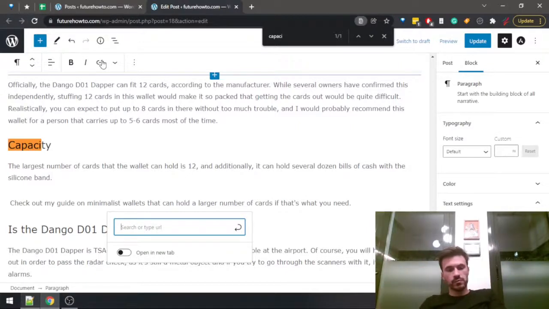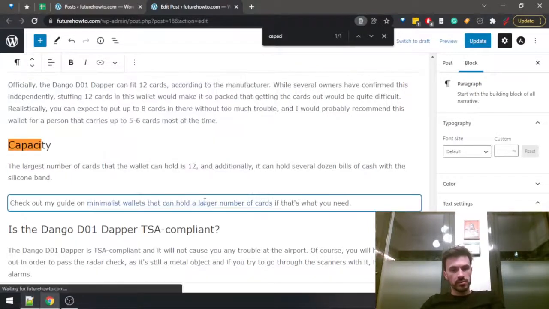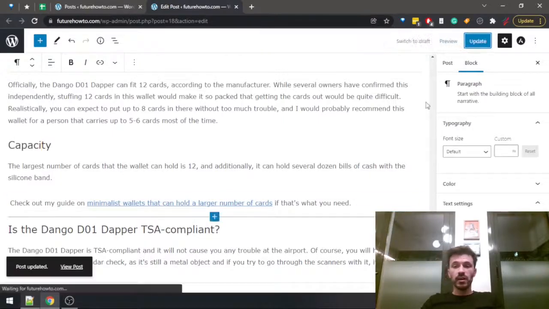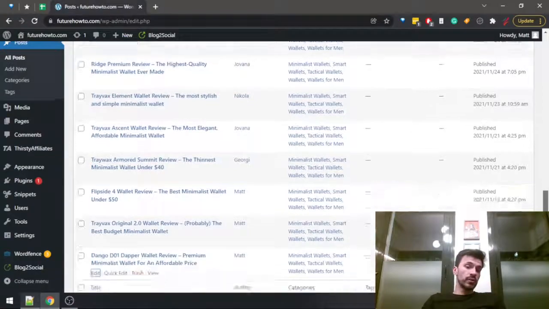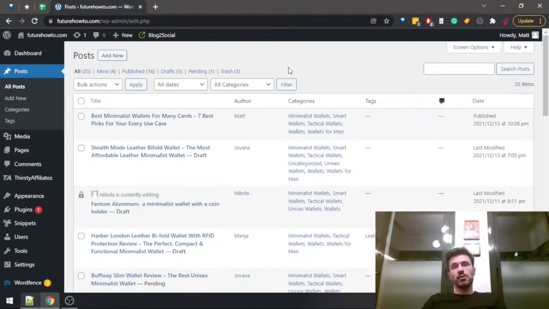So this was called something like a lot of cards, for many cards. There we go. Okay, update, and we have one link. Technically, we could do this from every single product review in here, and I don't know, maybe I will go back on this.